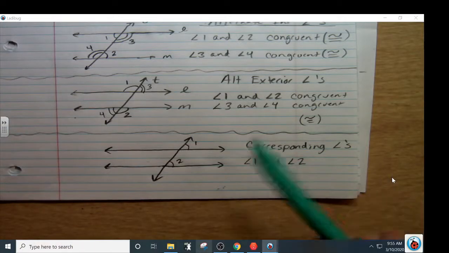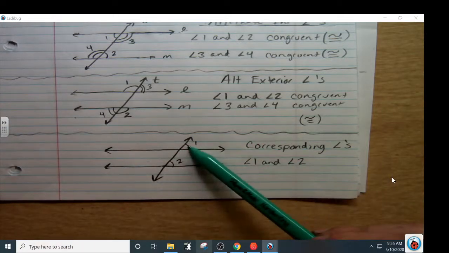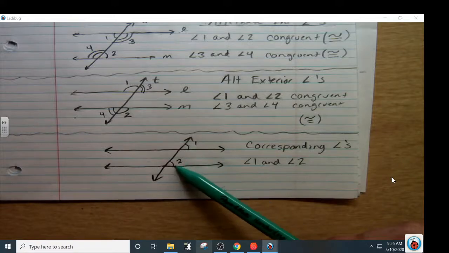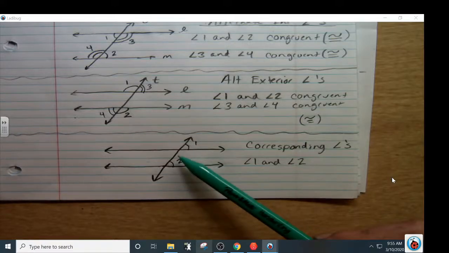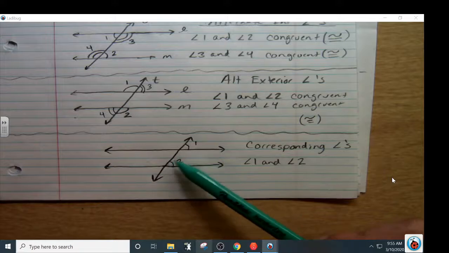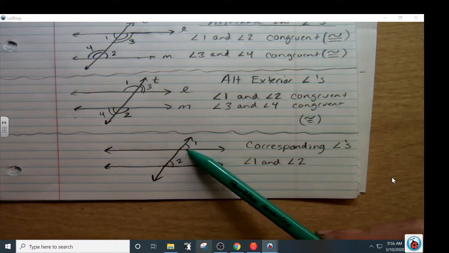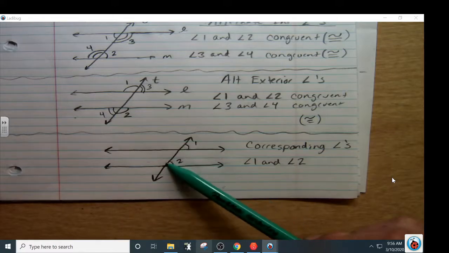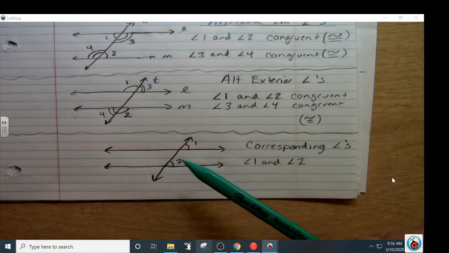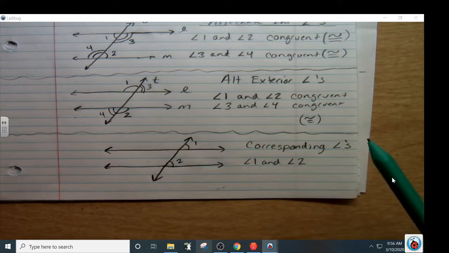And guys, how can you tell it's corresponding? One's exterior, one's interior, but they occupy the same position. Notice the position of 1 and 2 is almost identical, except one's inside and one's outside. Notice they're on the same side of the transversal. Yeah, these are corresponding angles.